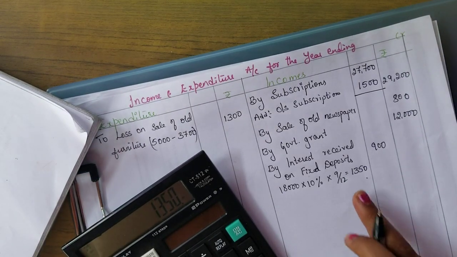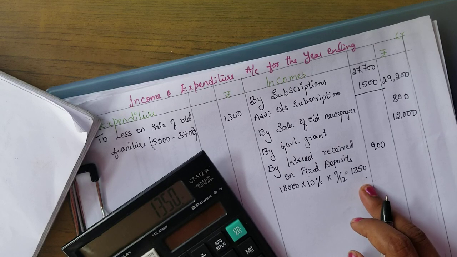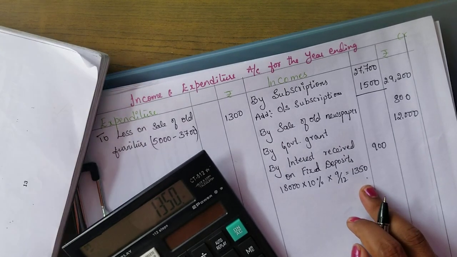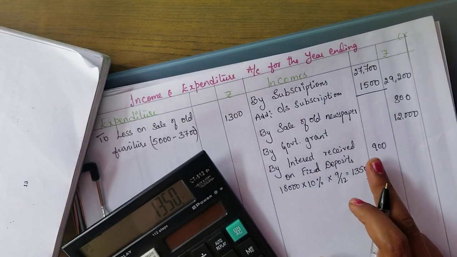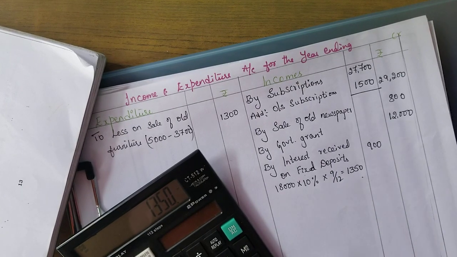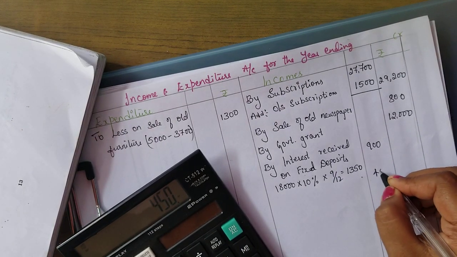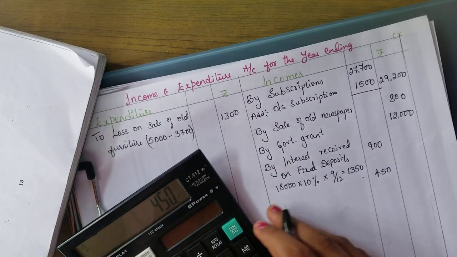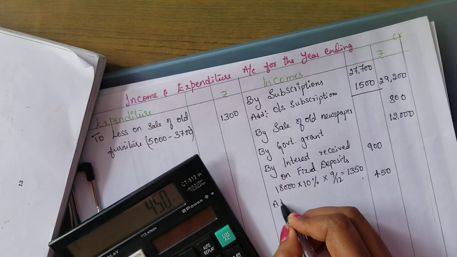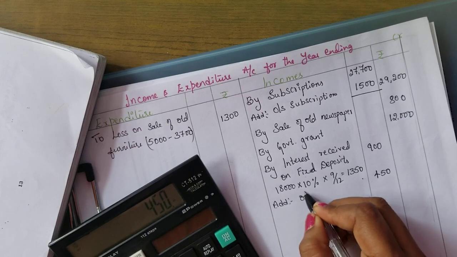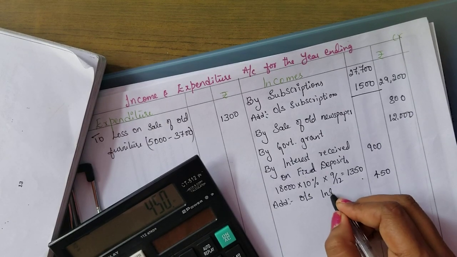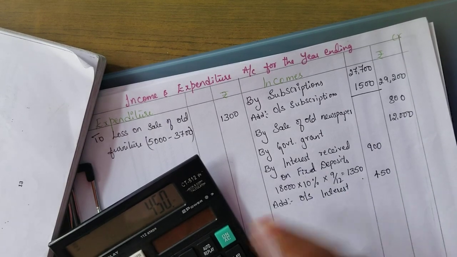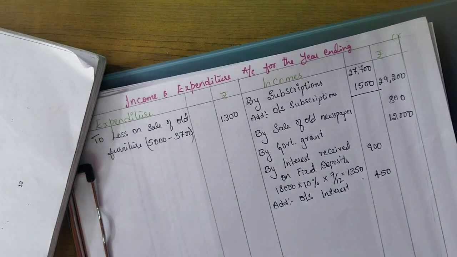This is the actual interest they should receive, but they received only 900. If you subtract 900, you get 450 as outstanding interest, which should be added.